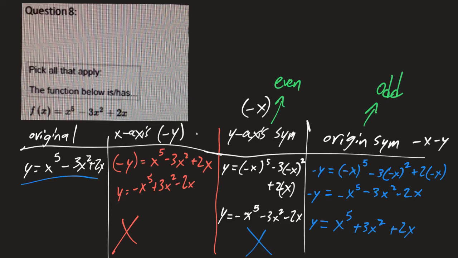And we're going to notice I'm still off by a negative, right? Specifically this middle one. And I'm going to again say not the same. So this one actually has no symmetry and not even or odd, right? So I'm going to just go ahead and say this has none in terms of symmetry or being even odd. And we'll see an example later that has some type of symmetry.